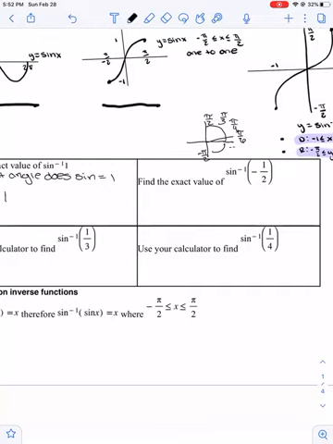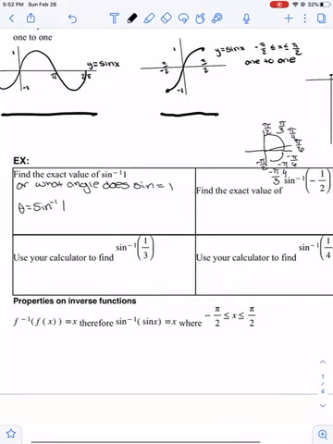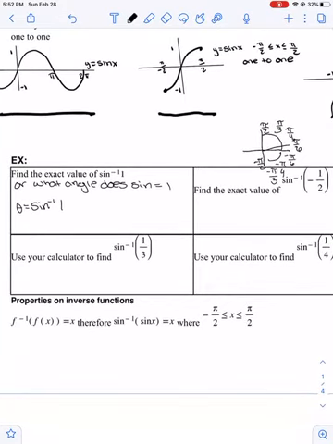And then negative pi over 6, negative pi over 4, negative pi over 3. So these are just examples from our unit circle of ones we can use, but anything from pi over 2 to negative pi over 2 we can use. So that is sine equals 1 at pi over 2. So theta equals pi over 2.